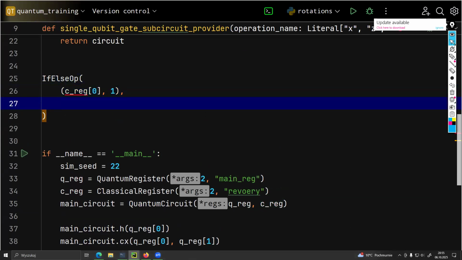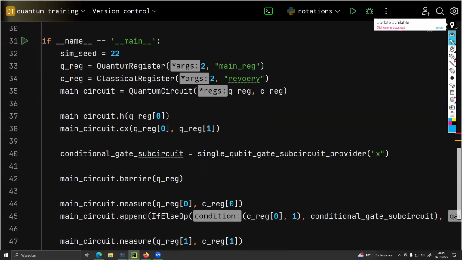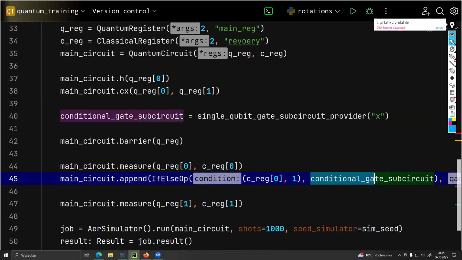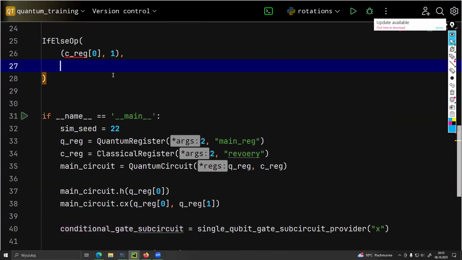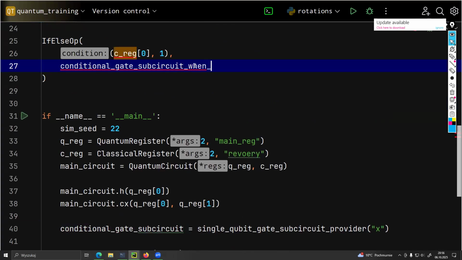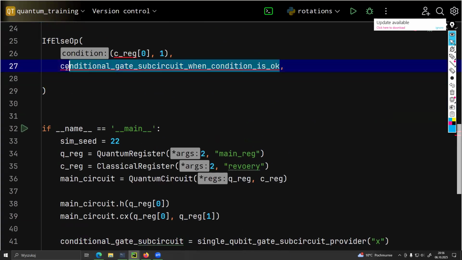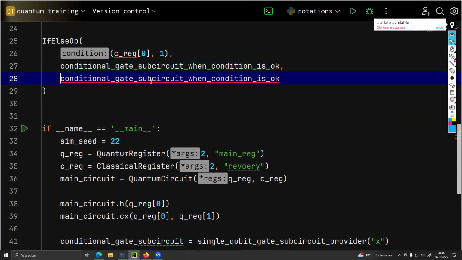Then there come two circuits that will be executed conditionally. The first one is for when this condition is fulfilled. For example, here I do this conditional gate subcircuit for when the condition is okay. Then there is another subcircuit for when the condition is not okay.